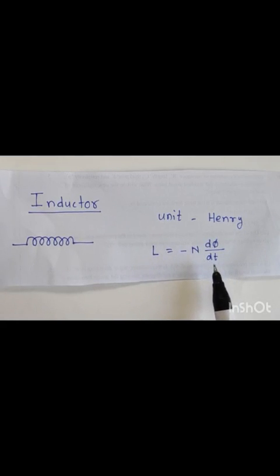N is the number of turns of the coil and phi is the flux. D phi by dt represents the rate of change of flux with respect to time. The unit of inductance is Henry.